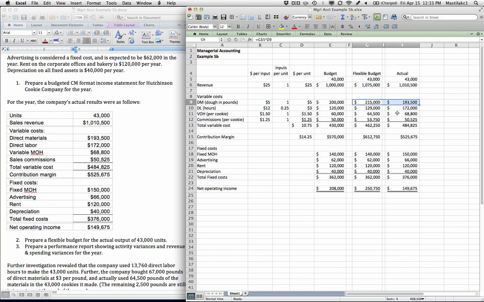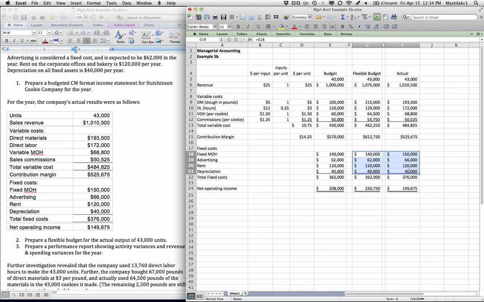As we start looking at our variable expenses, we can see that our direct material cost, our cookie dough, instead of being $215 was only $193. So we've got to try to figure out why that would be. Same thing for direct labor. So your labor should have been $129. Why was it $172? What happened there? Same thing with our other variable expenses. So we can take a look at all of our variable expenses and we can try to figure out why they're not what our budget says they should be.